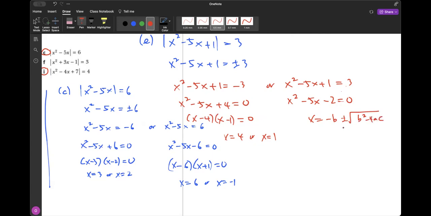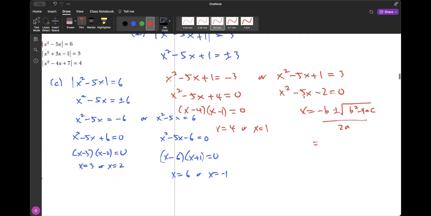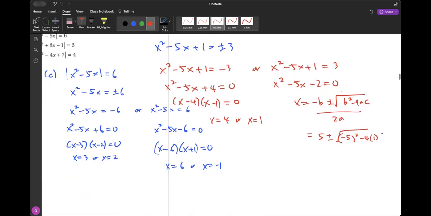Negative B plus minus square root of B squared minus 4AC over 2A. So since you know this formula, then you have to use. B is -5, so it becomes 5. B squared, 4AC, over 2A.